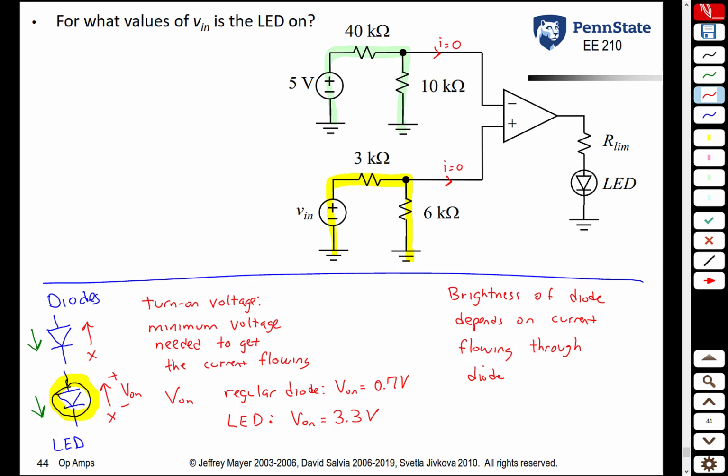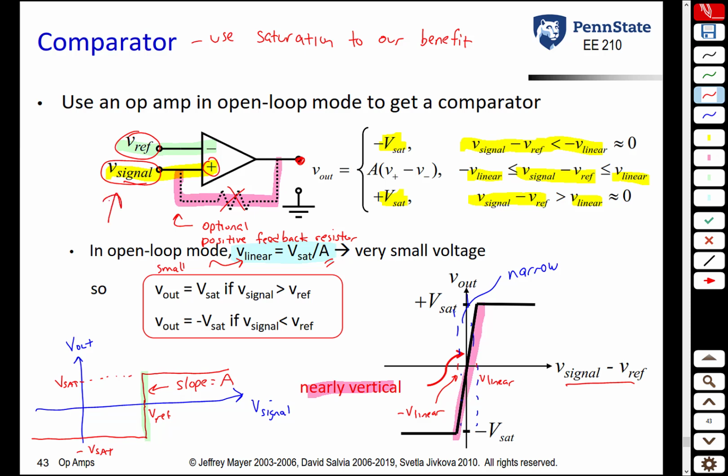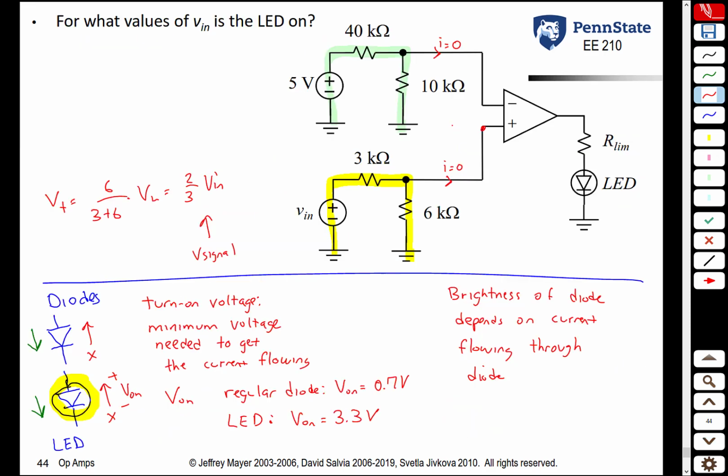So the voltage V plus is what? It's going to be 6K over 3K plus 6K times V in, or 2/3 V in. If you look back here, this is our V signal. So the voltage here is 2/3 times V in.